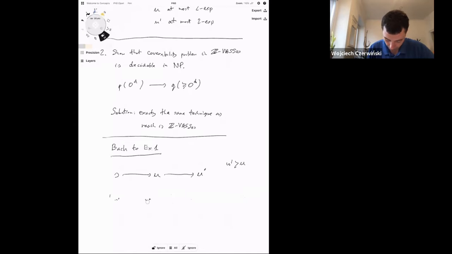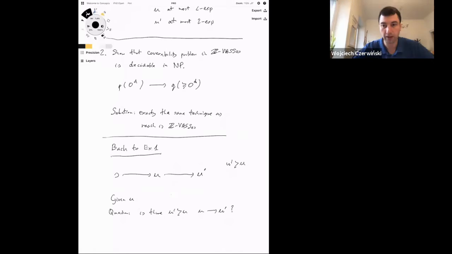If you already have some u, how do you check in exponential space whether you can reach something bigger than yourself? So, given u, the question: does there exist u prime bigger than u which is reachable? And show that this is in exponential space.